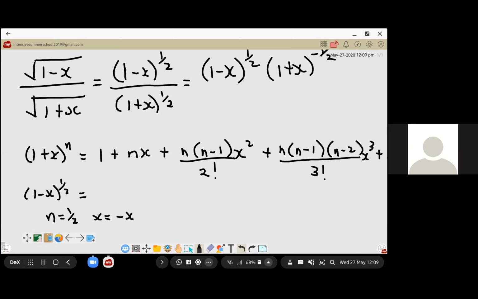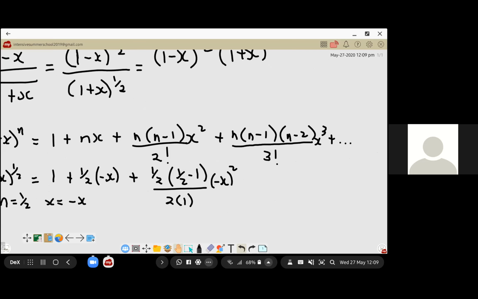So we have 1 plus n, which is half, times x, which is negative x, plus n, which is half, times (half minus 1) all over 2 factorial, which is 2 times 1, then my x is negative x all squared.